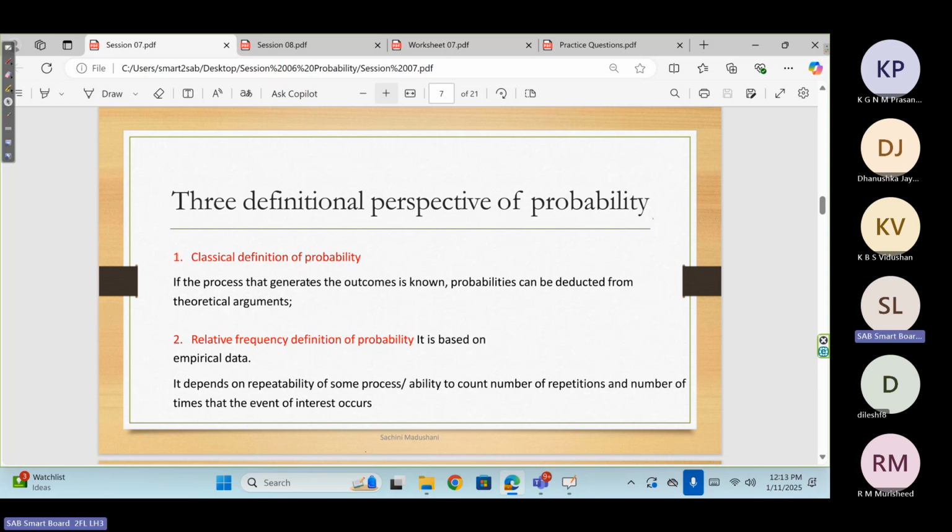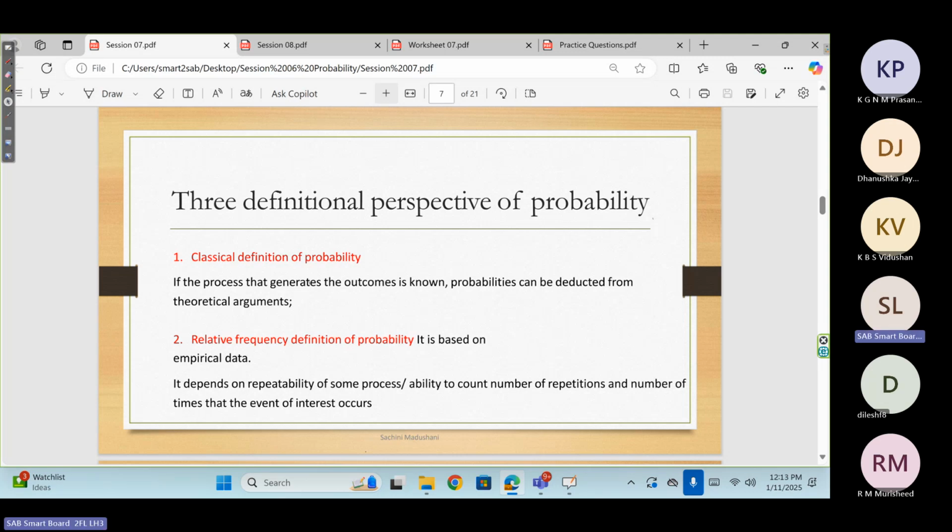Then the second one is the relative frequency definition of the probability. Here we always provide the probability value based on the empirical data. It means based on the results from the experiment.